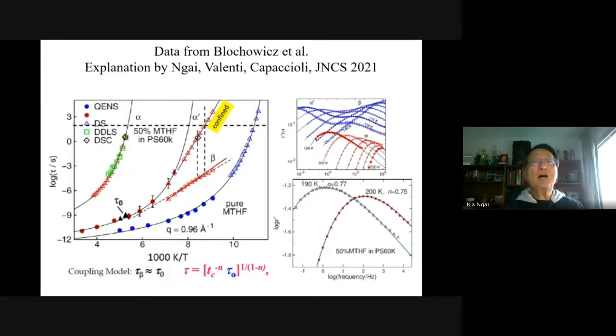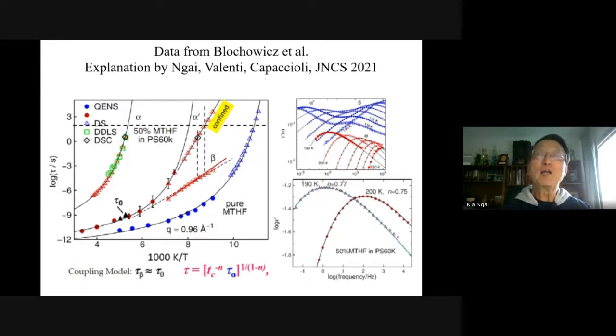On the left, the alpha is basically the MTHF being dominated by polystyrene, and so it is at a higher temperature. The alpha prime is still the MTHF, but now at such low temperature it is confined, frozen already, a matrix that is frozen.